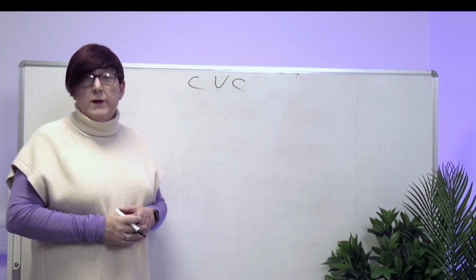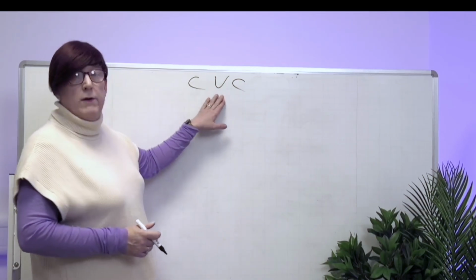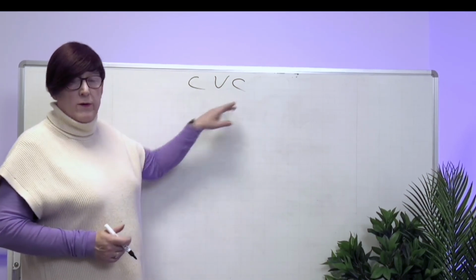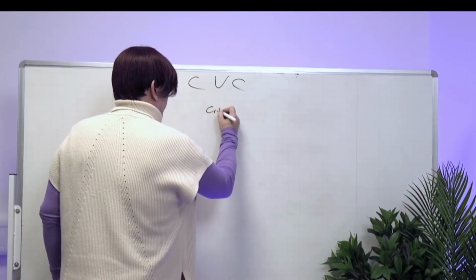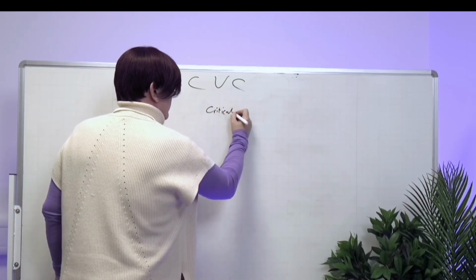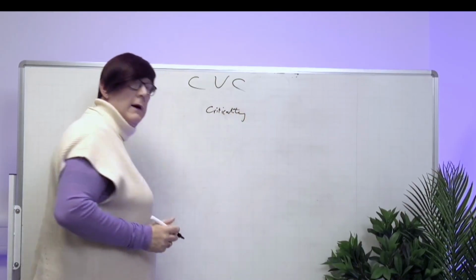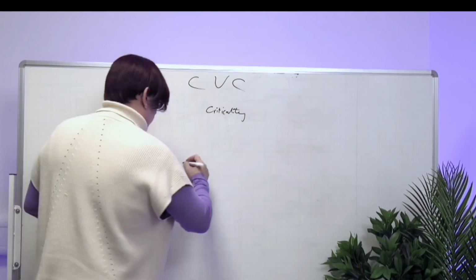Now, to measure that, I designed a new model called CVC. CVC stands for criticality, vulnerability, and consequences. And we can actually view it as a traditional management triangle.